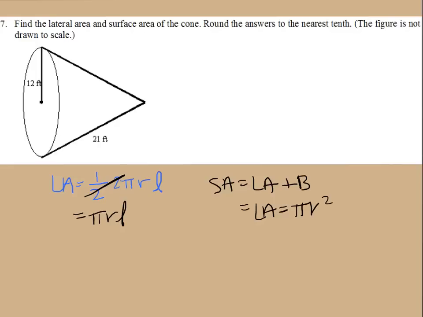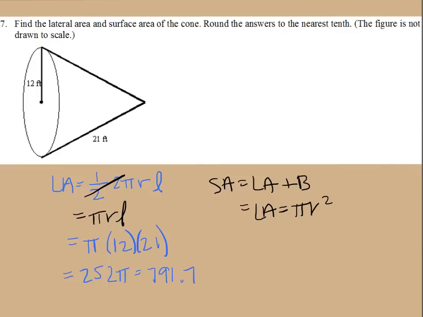So let's go ahead and start figuring out some values here. I've got pi, my radius they told me is 12, my slant height they told me is 21. All right, so 21 times 12, my answer I get here, it says round to the nearest tenth, so I need to multiply pi in. 252 pi equals 791.7 when I round to the nearest tenth.